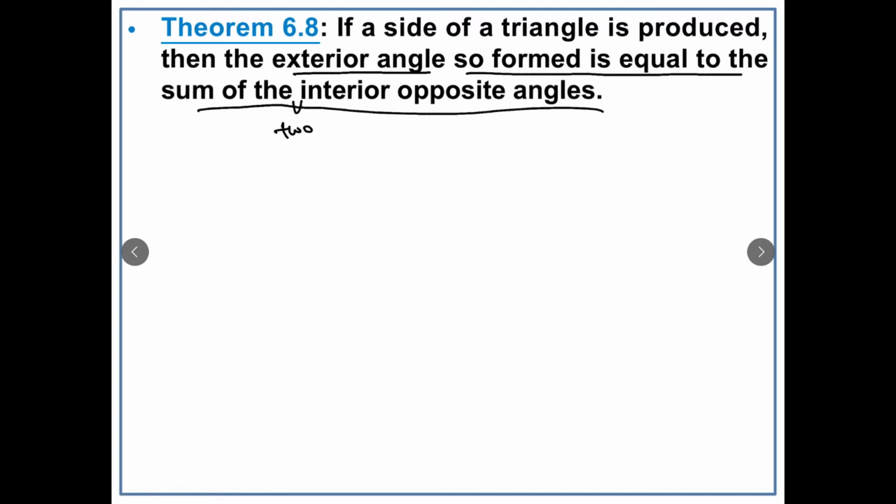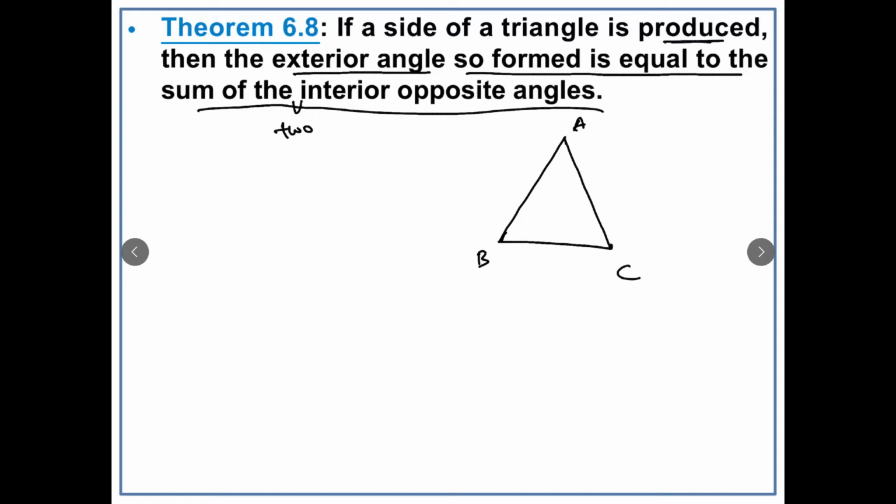Which means, suppose we have a triangle, let's draw a triangle like this. Let's name it A, B and C. Now in this triangle, this theorem says, if one side of a triangle is produced, means extended.